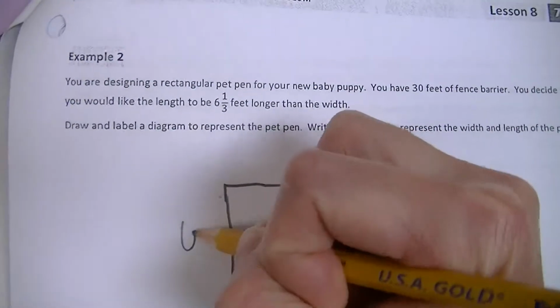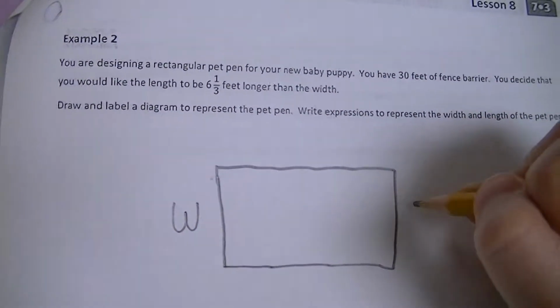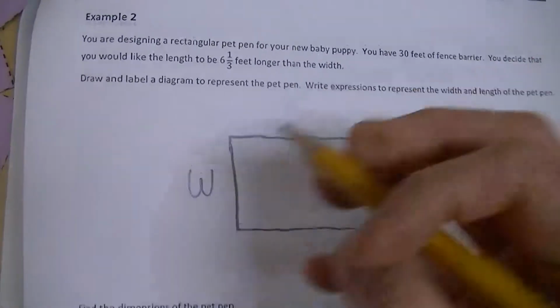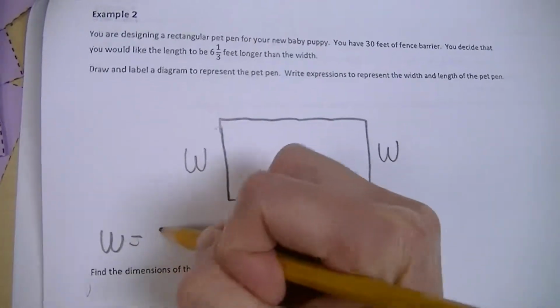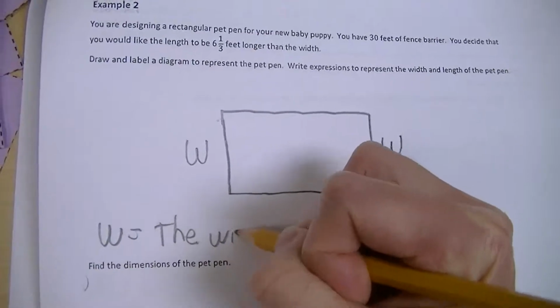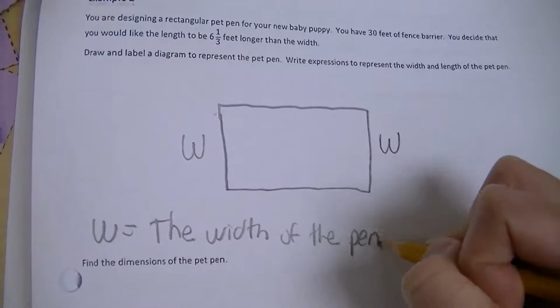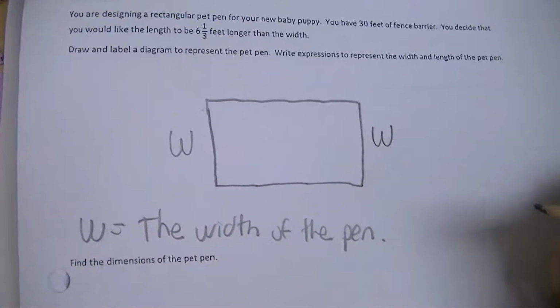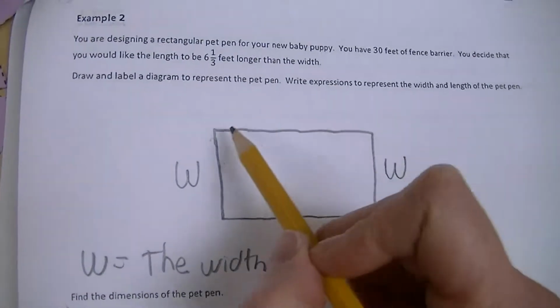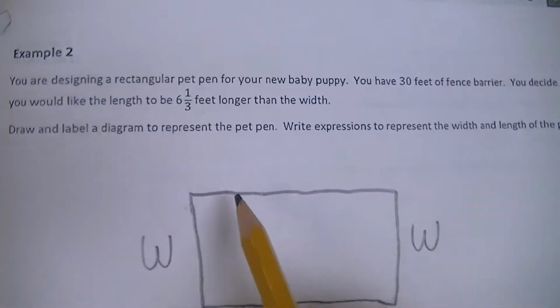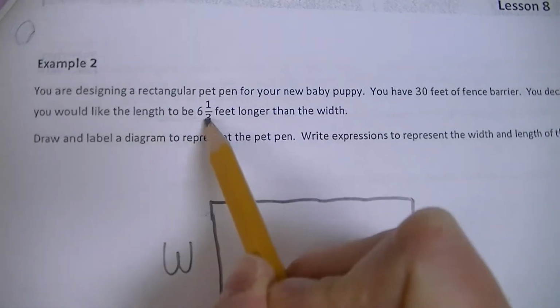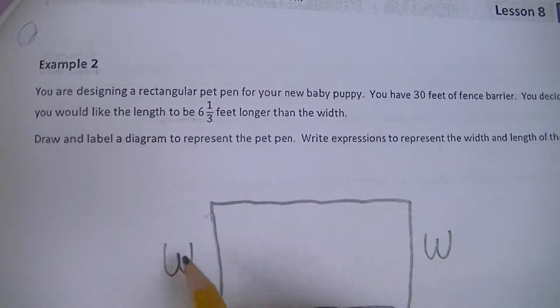So I'm just going to call the width W, okay? So W is going to represent the width of the pet pen. And then when I'm labeling the length, the only information I know is that the length has to be 6 1/3 feet longer than the width.